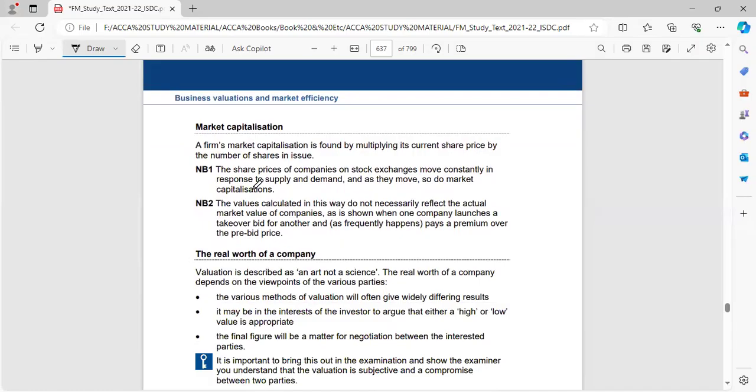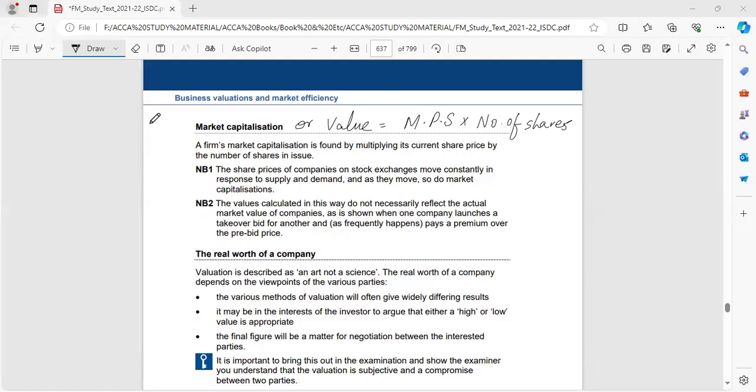First one, market capitalization. Market capitalization, or value of the company, means we are calculating the total value of the organization, where we multiply the market price per share with the number of shares, or we multiply the price per share, either determined by the dividend valuation model or earnings model, or whatever model we use, with the number of shares.